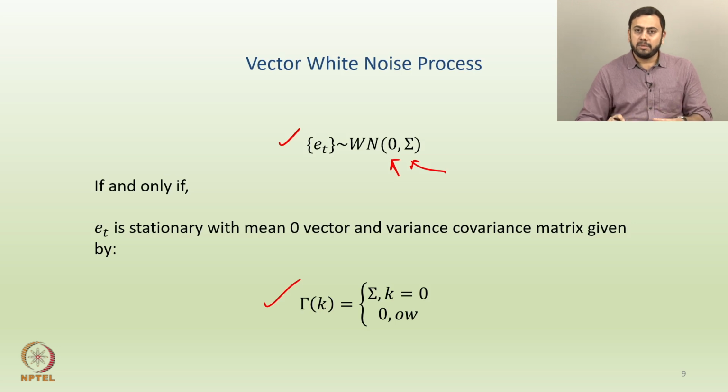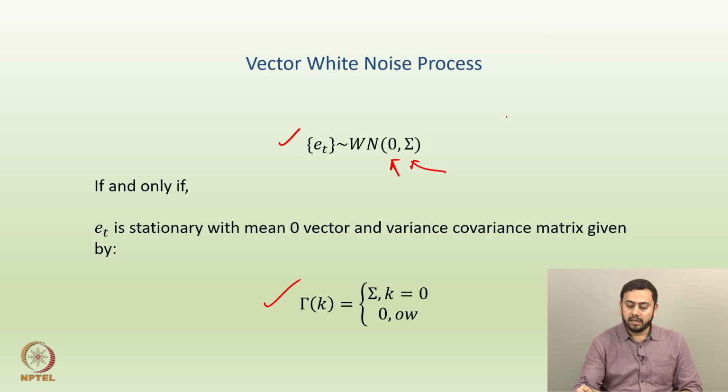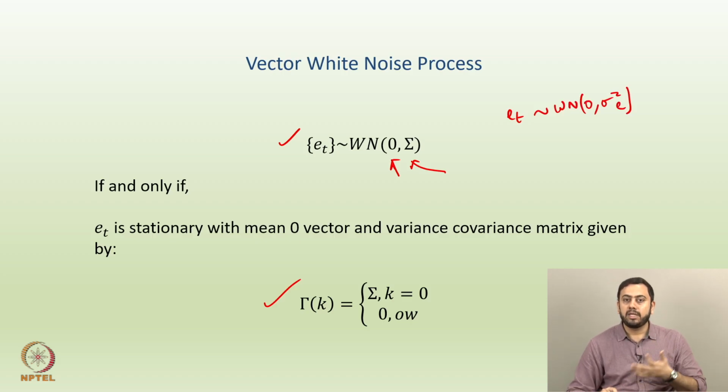This is similar to how we defined a white noise process earlier. If you remember, for a single white noise process, epsilon t, the general assumption we make is that epsilon t are random errors, white noise with mean 0 and variance sigma squared epsilon. We have been defining it this way until this point. But if you want to transition to more dimensions, bivariate, trivariate, multivariate, etc., naturally you have to bring in the idea of a mean vector and a variance covariance matrix.